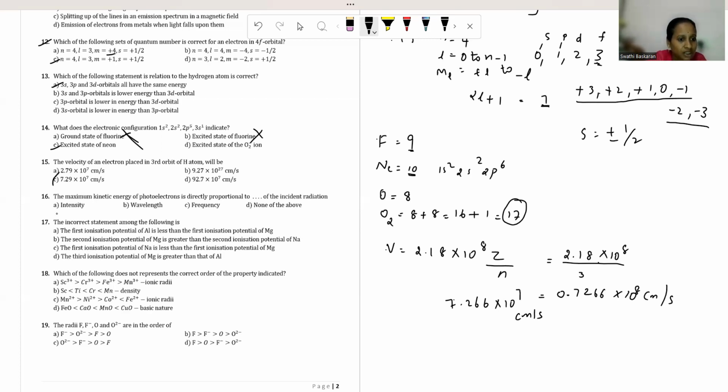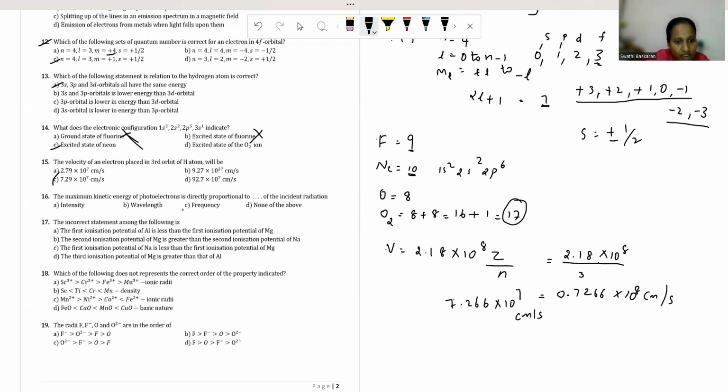Now coming to the 16th question. What is the 16th question? The maximum kinetic energy of photoelectrons is directly proportional to the dash of the incident radiation. This is a direct question, where all of us know it is directly proportional to the frequency.